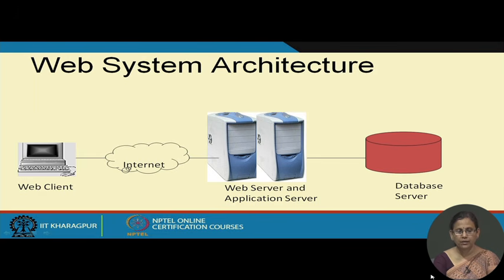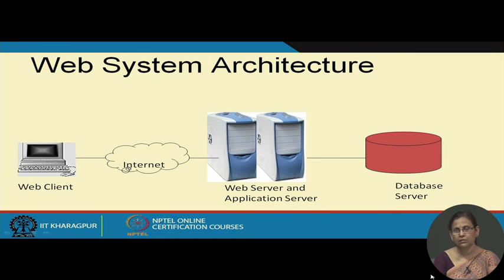On the server side, three important server elements are there. One is the web server, one is the application server, and the third one is the database server. Either they can be independent servers or all of them can exist in one physical server.